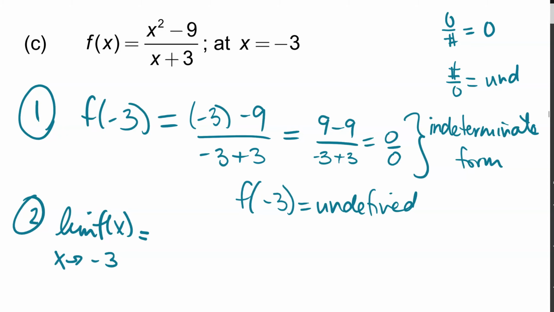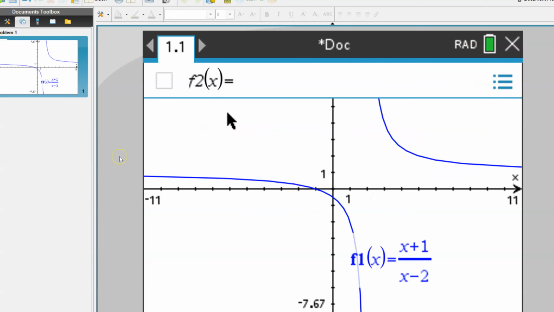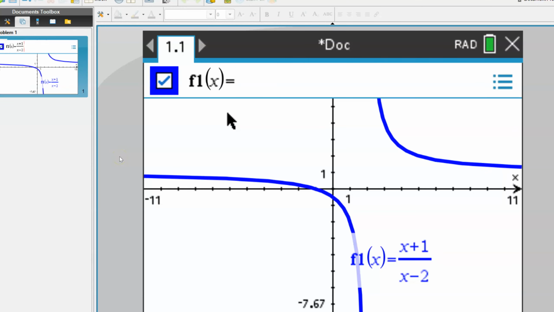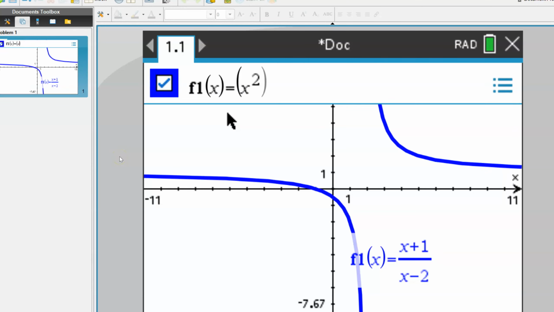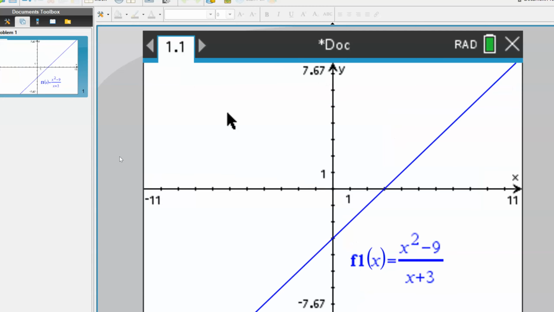So now let's graph this. I want x squared minus 9 divided by x plus 3. Oh, weird. It looks like a line. We know when x is -3, there's a hole.